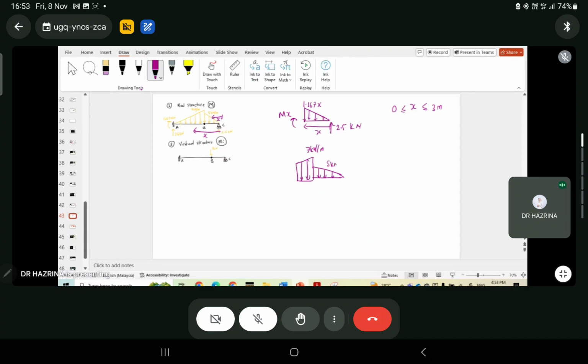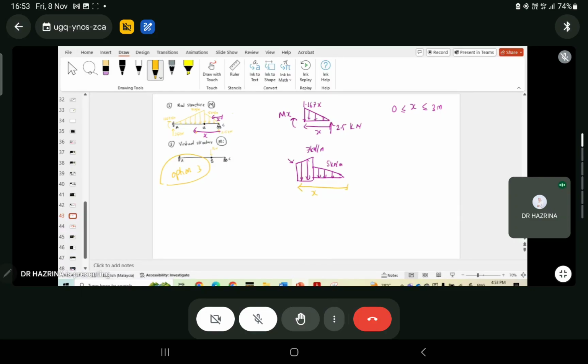Here you have 5 kilonewton per meter. So dalam kes ni, you kena cari berapa you punya value kat sini lah. Okay. So in this case, bila nak cari value kat sini, kalau you nak kira dia punya moment, kalau whoever yang ambil option 3 tadi, this is option 3. Okay, siapa yang ambil option ni tadi, you punya X tu adalah kira daripada sini ke sini.